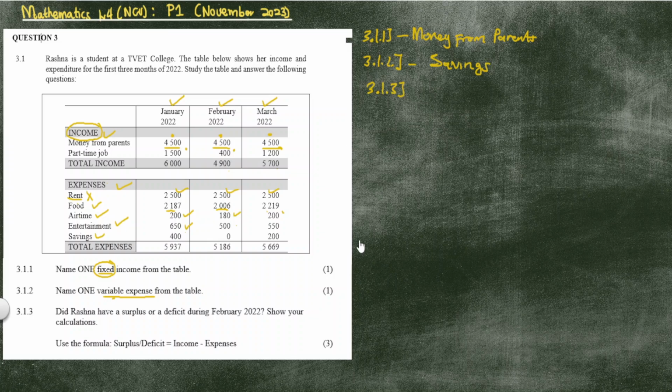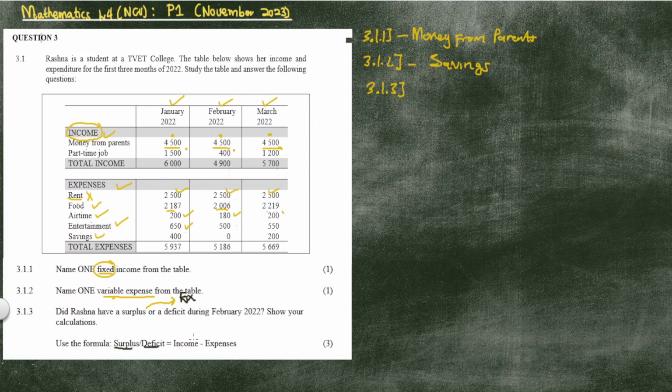3.1.3. Did Rashna have a surplus or a deficit during February 2022? Show your calculations. So these terms, surplus means that, okay, use the formula.